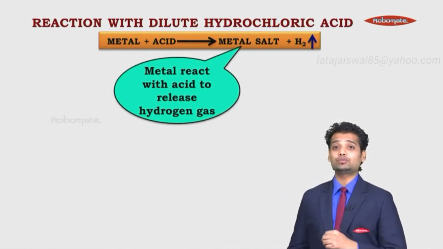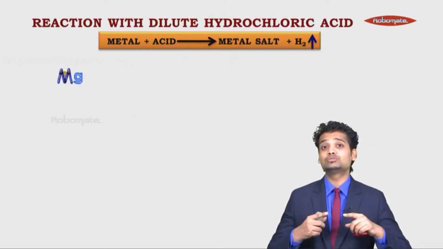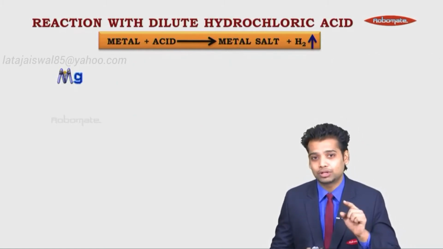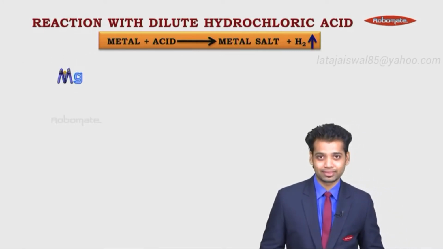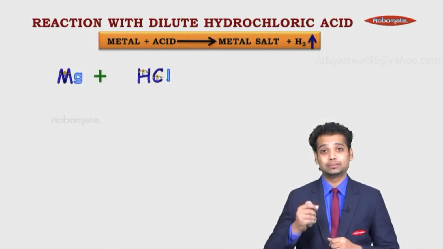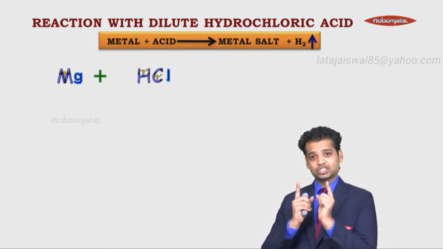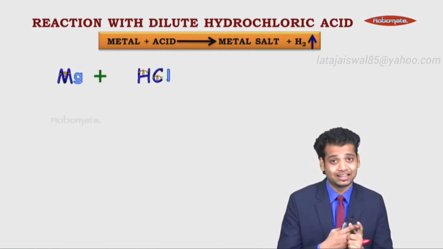The metals react with acid to release hydrogen gas. And that hydrogen gas can catch fire in the case of sodium and potassium. Hence, we start the reactions with magnesium. Magnesium plus HCl. What is going to happen is magnesium is positive, H is positive, chlorine is negative. So Mg is going to react with Cl.